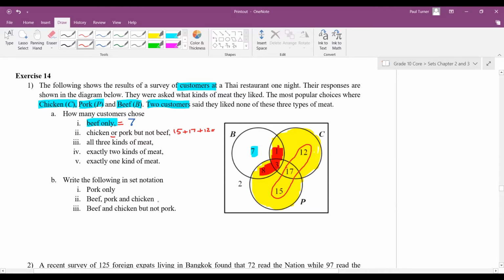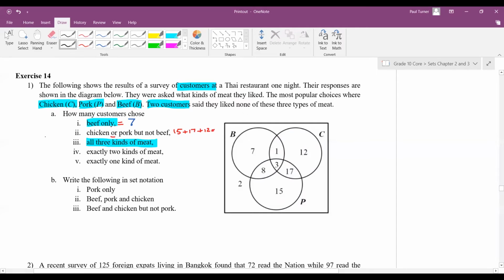So do that later. What about all three kinds of meat? This one here. Where's that number? Anyone? What is it? All three kinds of meat.